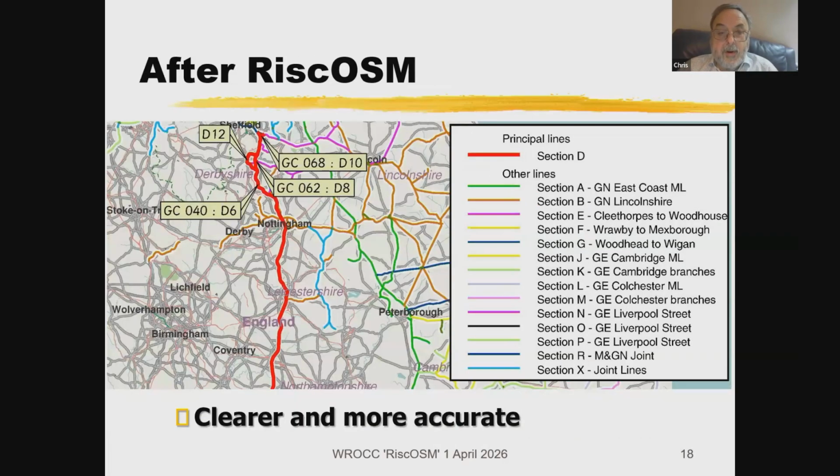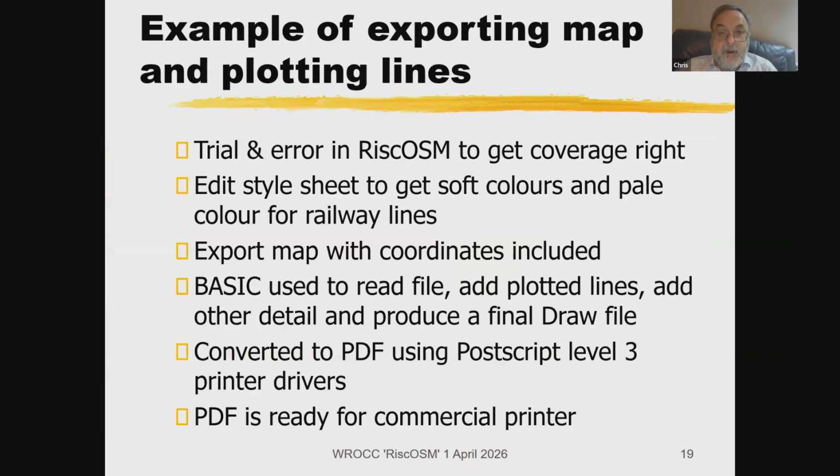So, after RiscOSM, you'll find the lines now very, very closely follow the railway lines. You can see where one line joins another, that they're almost touching. So they're absolutely bang on now, and much clearer, more accurate.